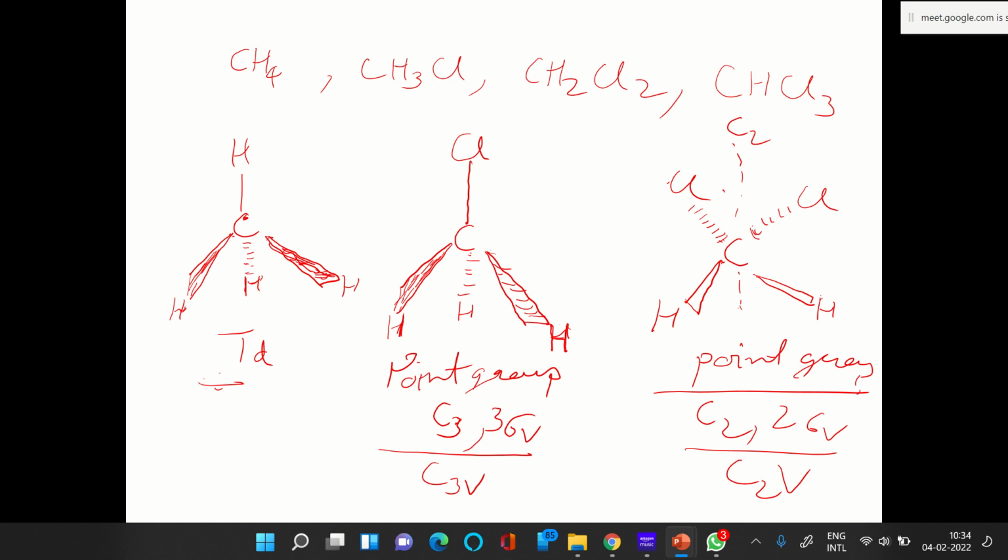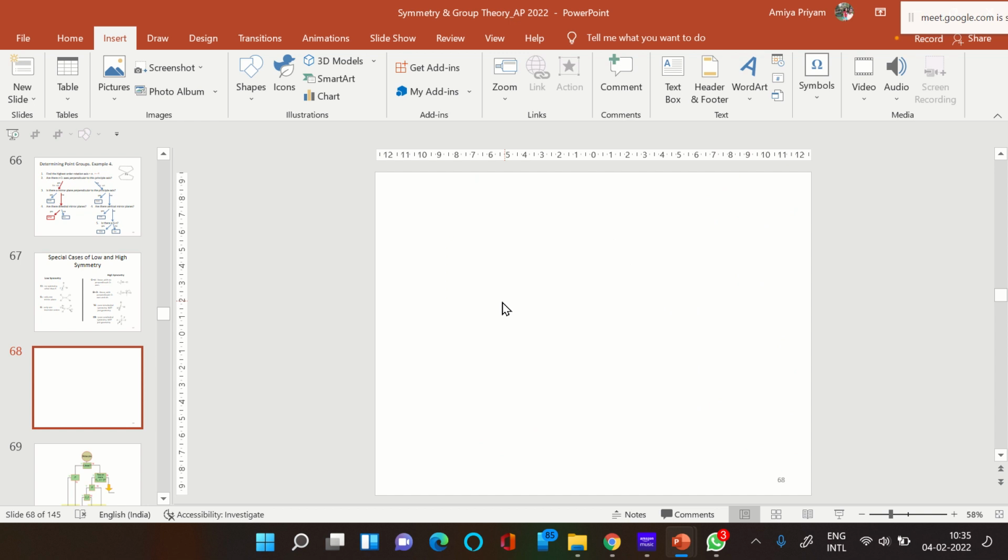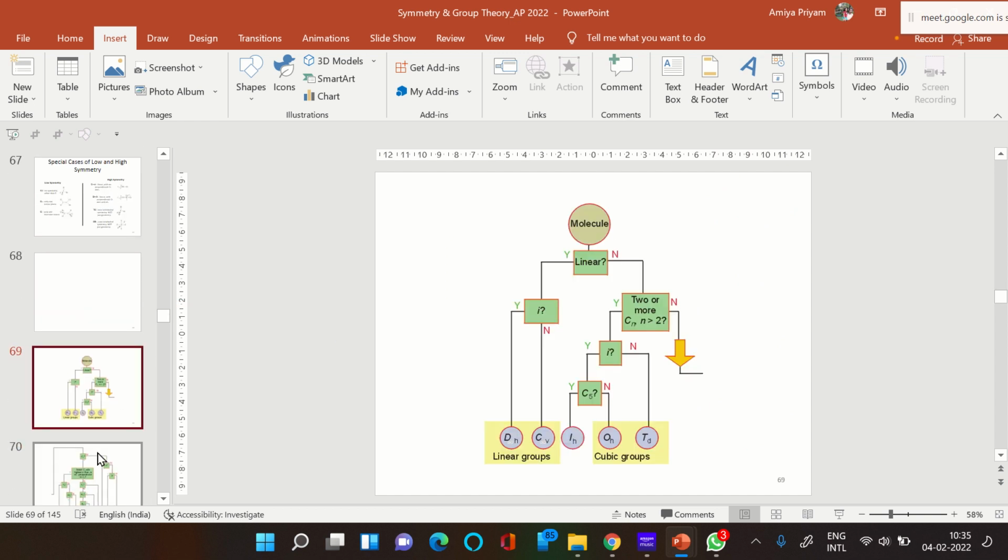You can see it this way starting from any octahedral ML6: change it by L1, L2, L3, different types of ligands, and again the symmetry elements will be fewer, moving from a high symmetry structure to a low symmetry structure. This is one point to be noted.